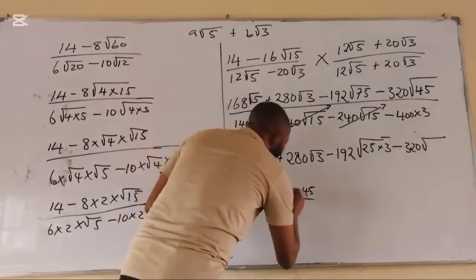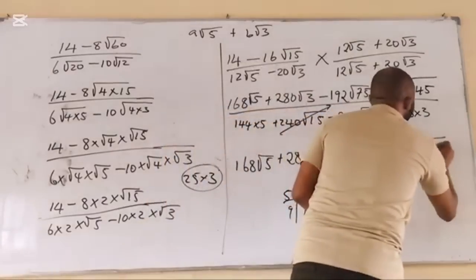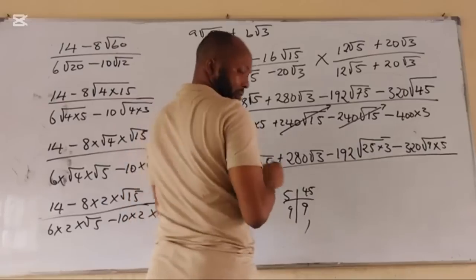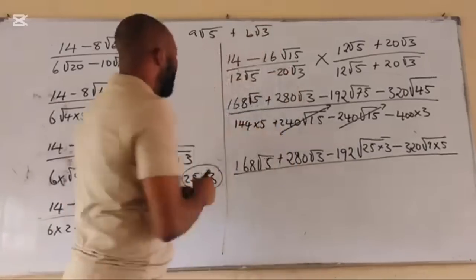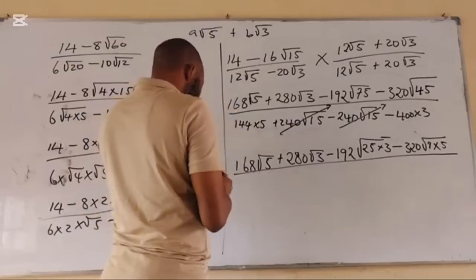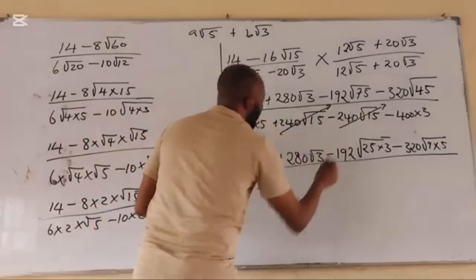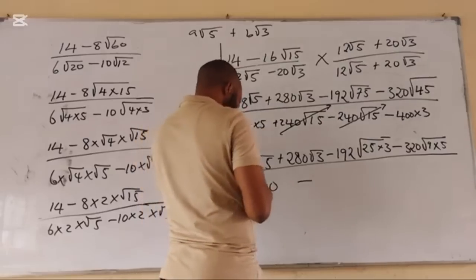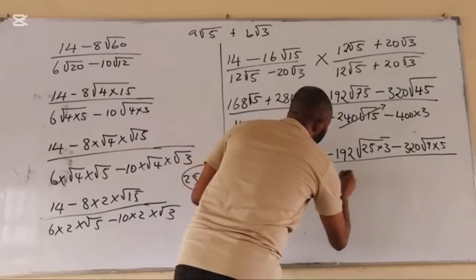It's 9. So here we have 9 times 5. All over, here, 144 times 5 gives me 720. This 2 is 0. Minus 400 times 3. 400 times 3 gives me 1,200.